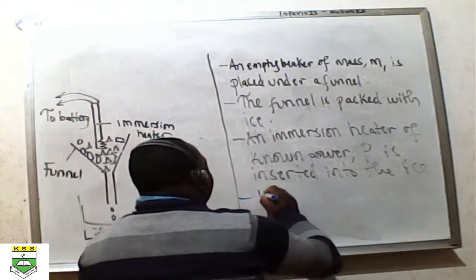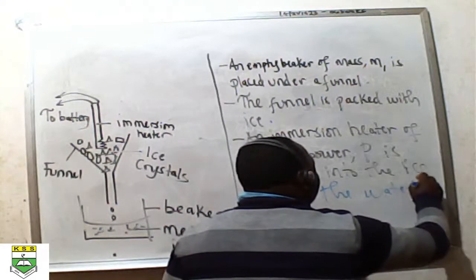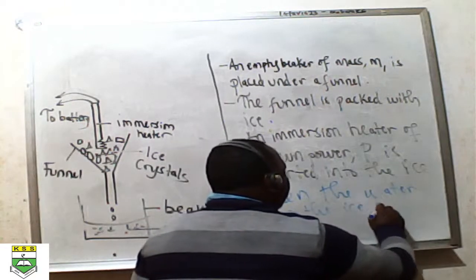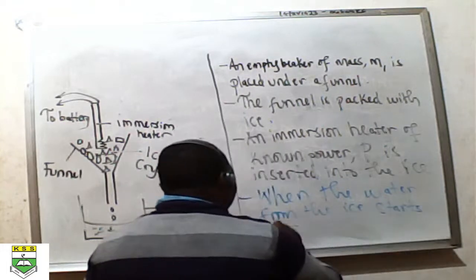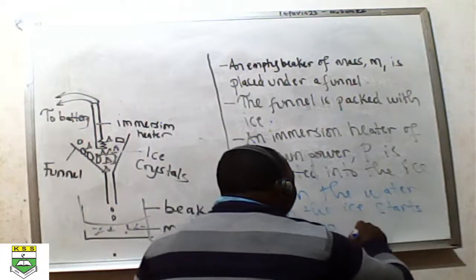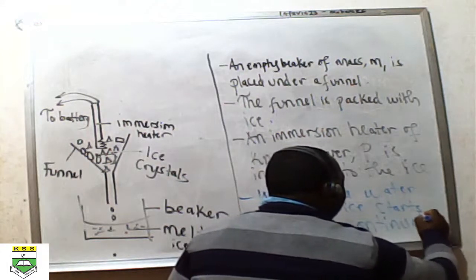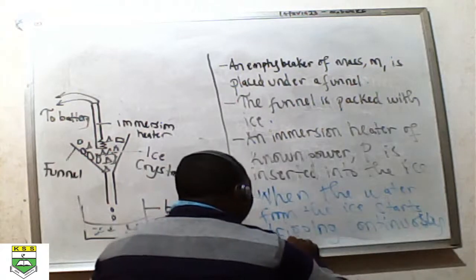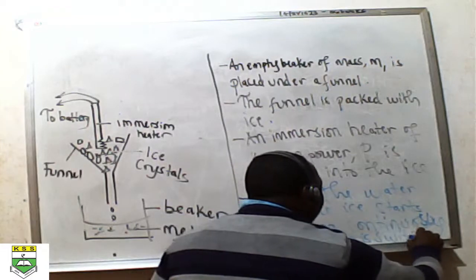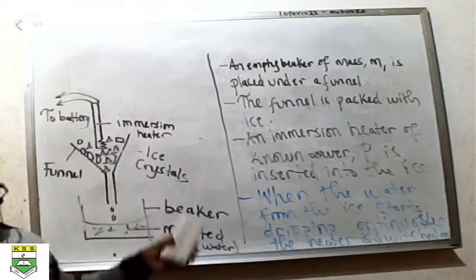So when the water from the ice starts dripping continuously, the heater is switched on. So when you see that water has started dripping continuously, you switch on this heater.